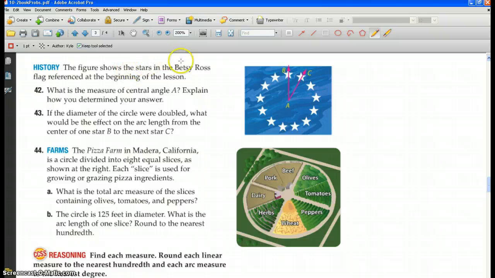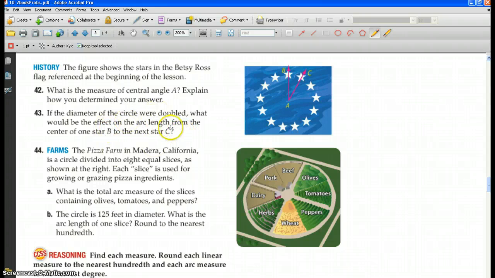The figure shows the stars and Betsy Ross's flag referenced at the beginning of the lesson. 43. If the diameter of the circle were doubled, what would be the effect on the arc length from the center of one star B to the next star C?